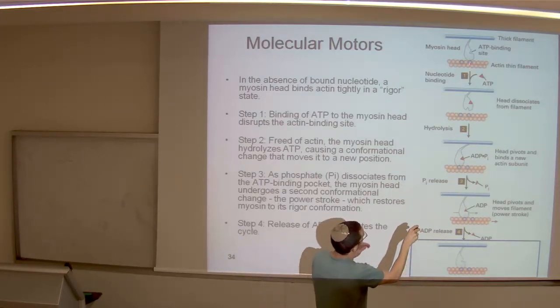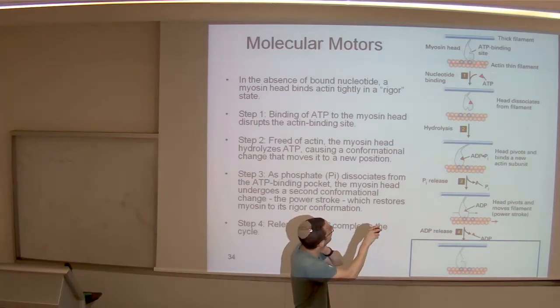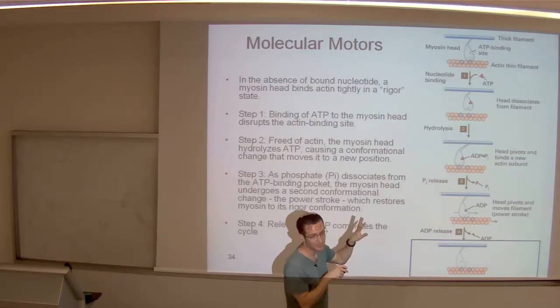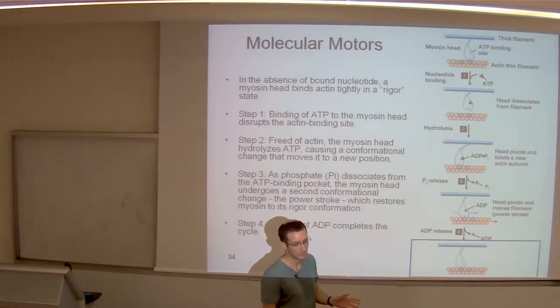And actually, this situation where in the absence of ATP you have a tight binding to the actin thin filament is the basis of a phenomenon called rigor mortis, stiffness of death. If you ever try to take a ring off a dead man's finger, you probably notice that it's very hard because the muscles are contracted.